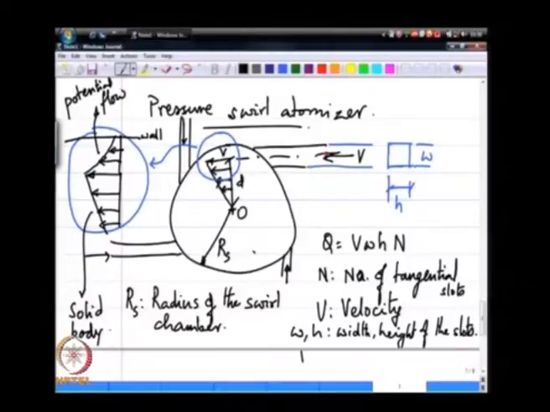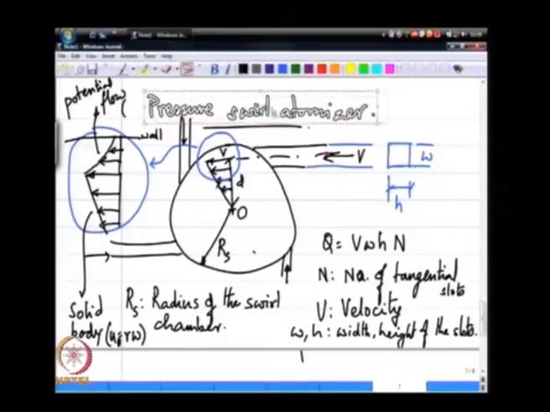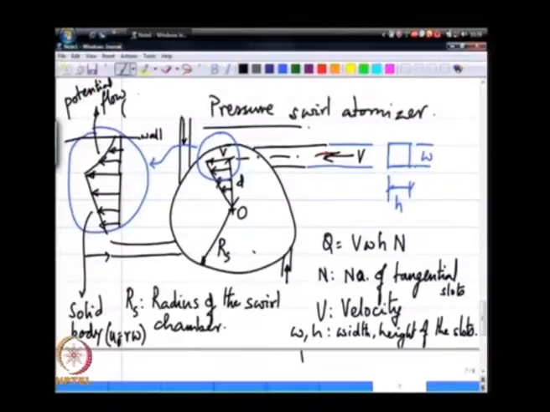So, this part looks like u theta equal to r omega, and this part looks like u theta equal to gamma over 2 pi r.